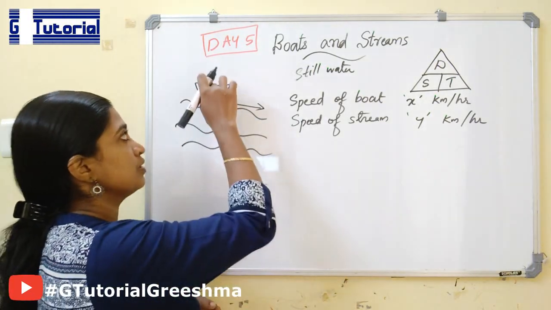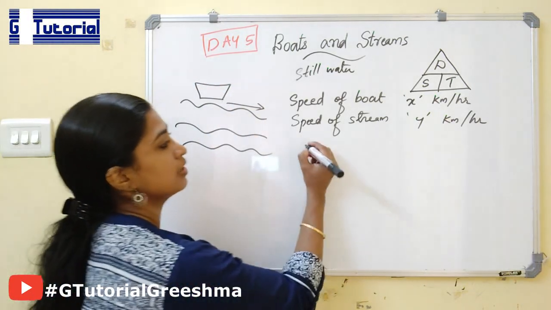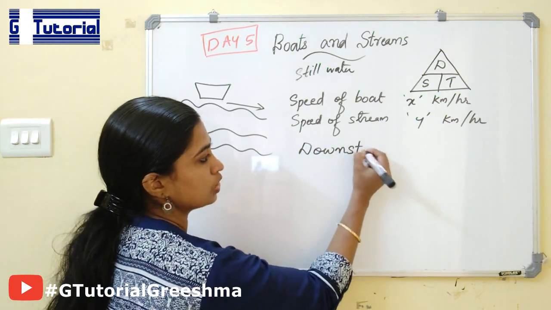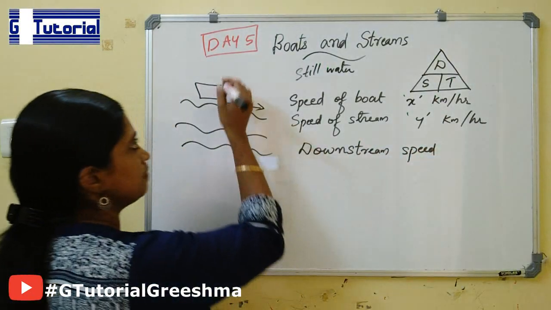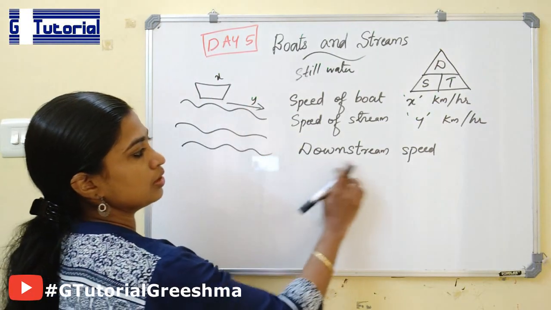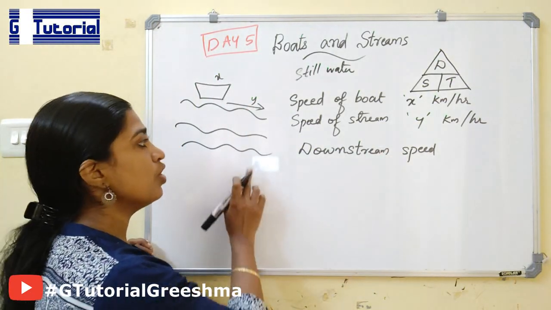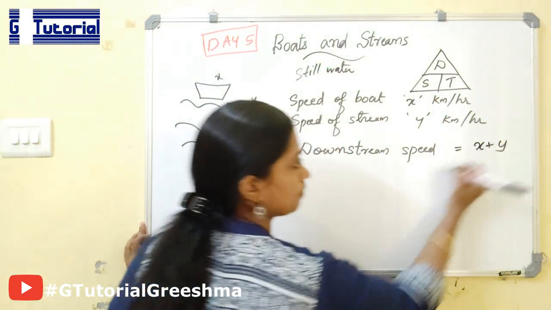That is, the boat is moving in the direction of the stream. That motion is downstream motion, and the downstream speed will be, the speed of the boat is x and the speed of the stream is y. So when the boat is moving along the direction of flow of the river, the speed is equal to x plus y.